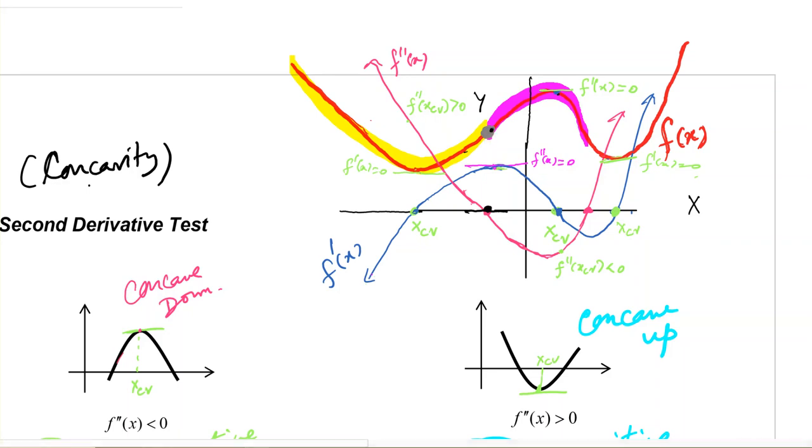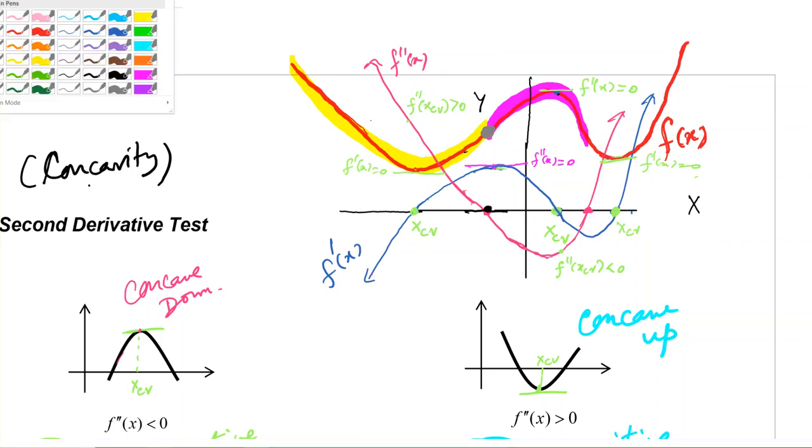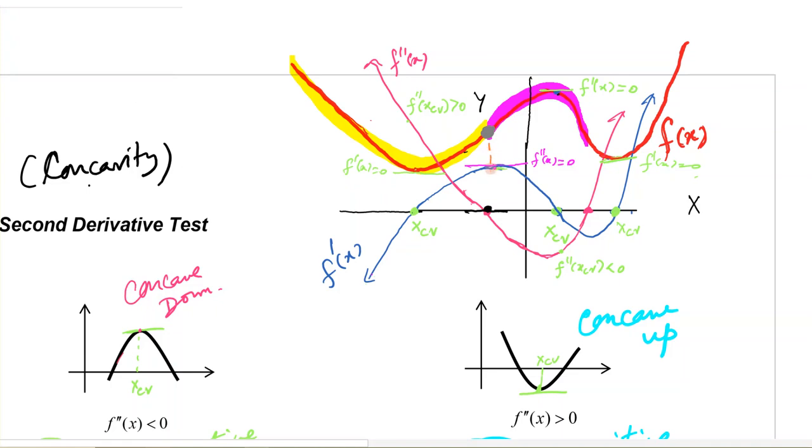And if you notice, at that point, our second derivative is 0. So at this point, the second derivative is 0. So this is called the inflection point. So where the curve changes its concavity, that point is called the inflection point.